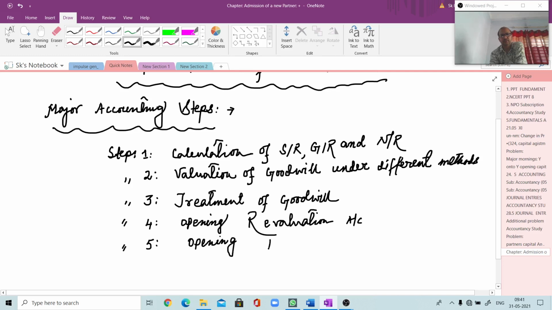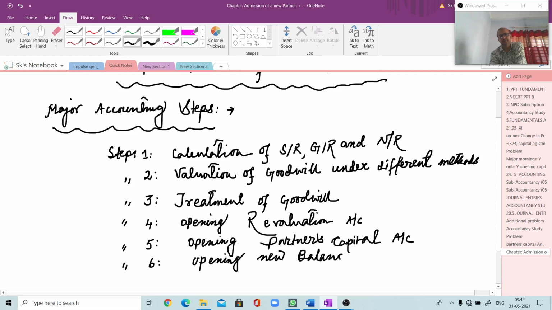Then opening the new balance sheet, that is the revised balance sheet after admission of the new partner.